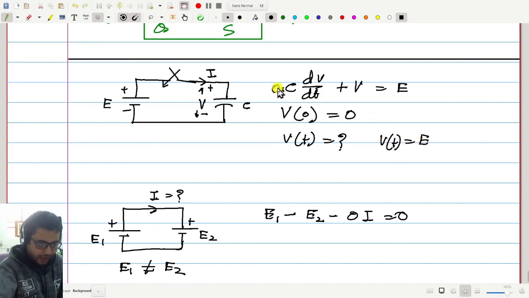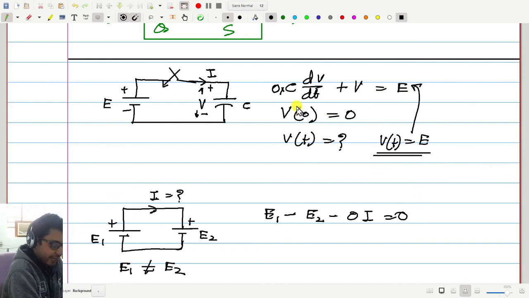If there was an R, then when we solve, we get multiple solutions, we get a constant k, and then we can choose the value of k such that V0 equal to 0. But here, this is the only solution to this differential equation, and I cannot satisfy the initial condition, so there is no solution. So I can get away by saying there is no solution to this problem.